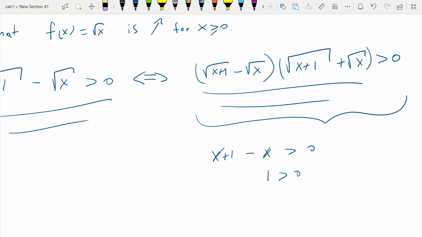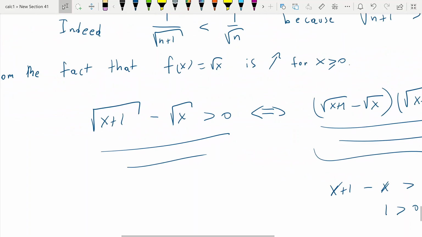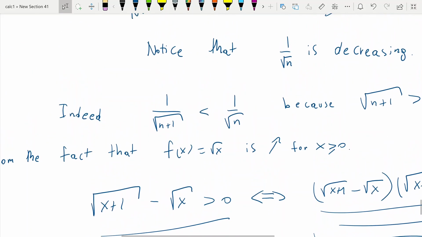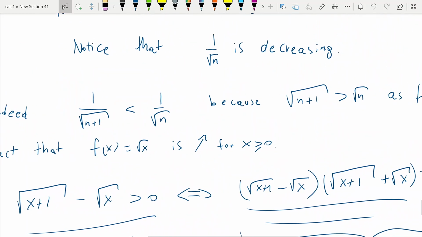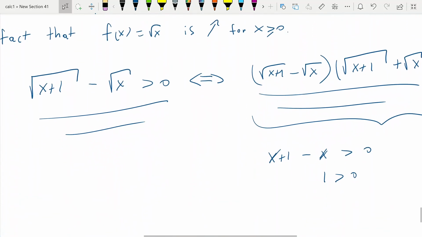So if you raise it to the square, of course you're going to get what's inside, since it's a positive number. And so now we know that this function is decreasing, 1 over the square root of n.